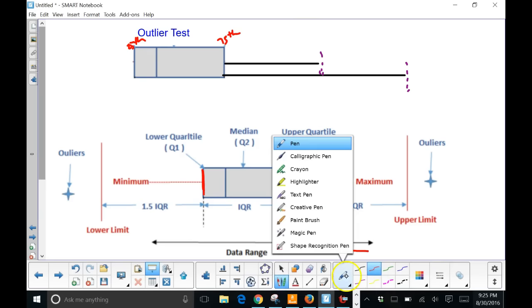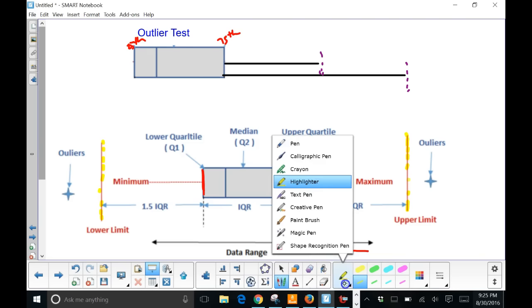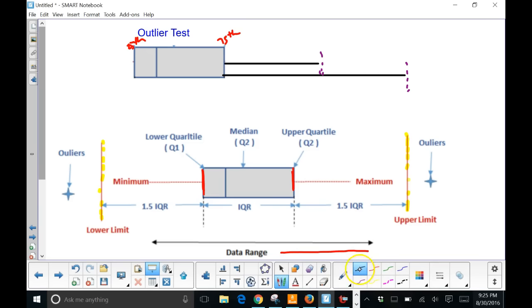And these fences kind of give us a boundary of what we think is unusual. Anything outside of these fences, any scores, we consider to be unusual. So when we're doing a box and whisker plot, we will draw the tail to the last score that's not an outlier. Anything beyond that upper fence or below the lower fence, we will consider unusual.